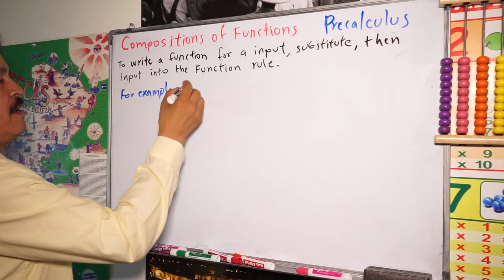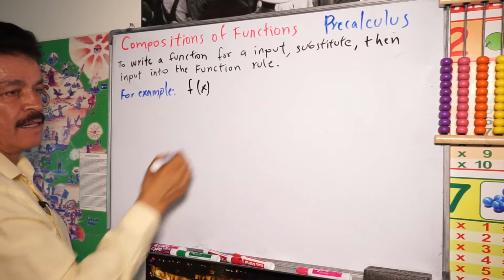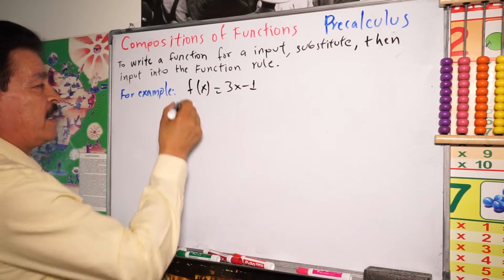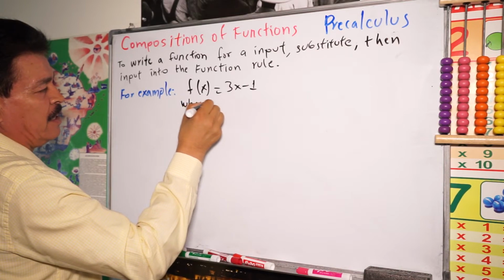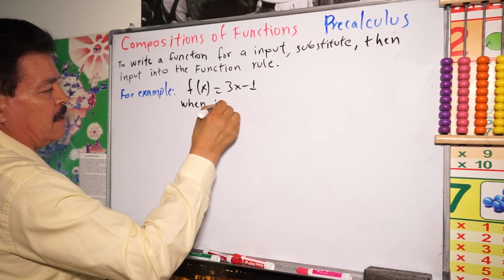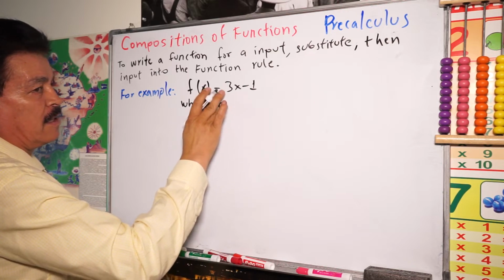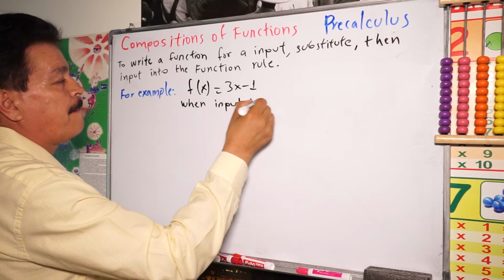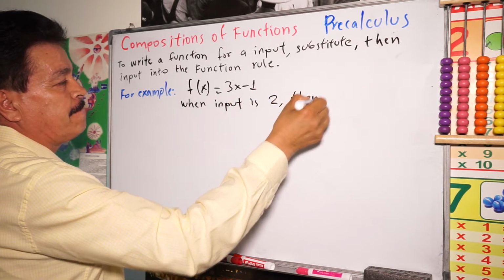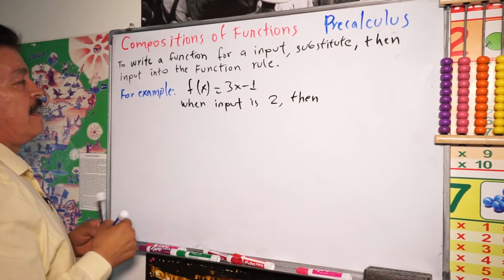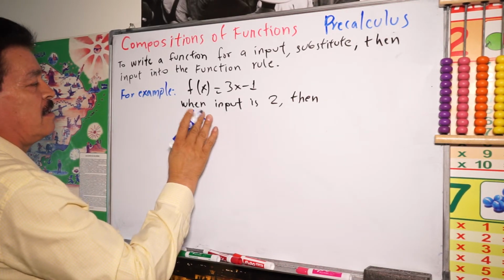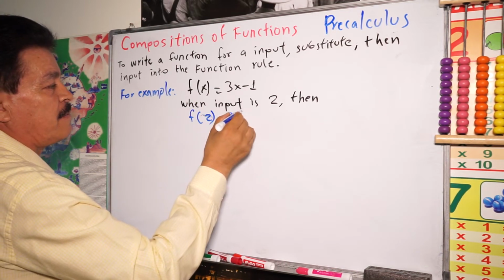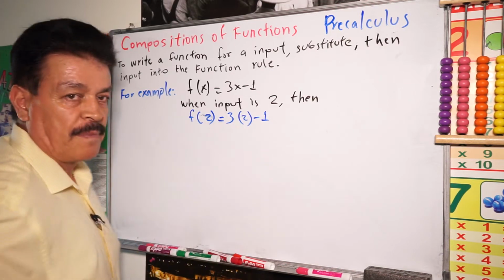if we have f of x equals 3x minus 1, when the input is 2, then f(2) is going to be equal to 3 times 2 minus 1.